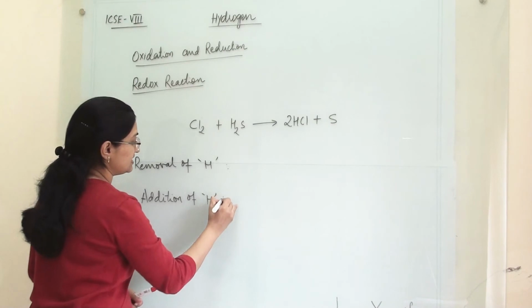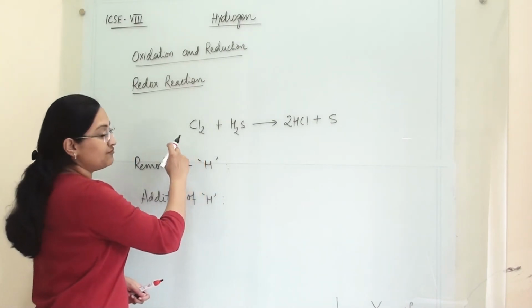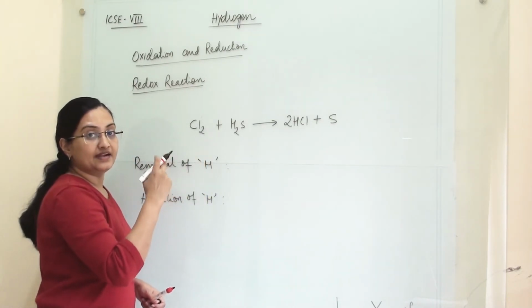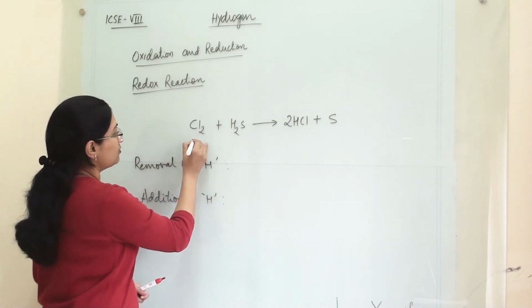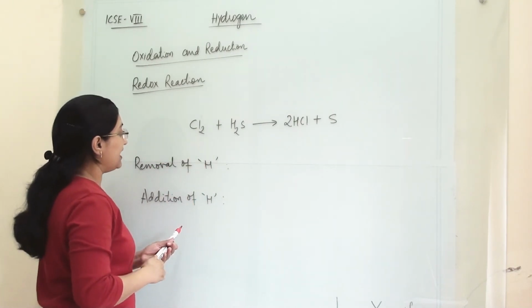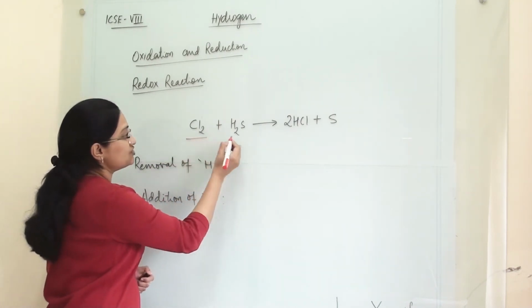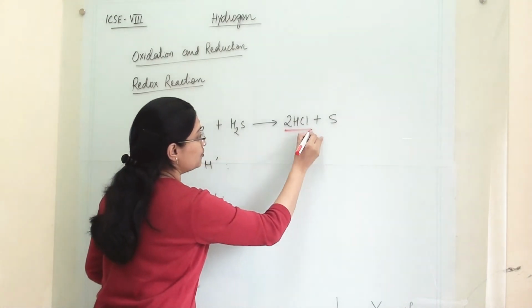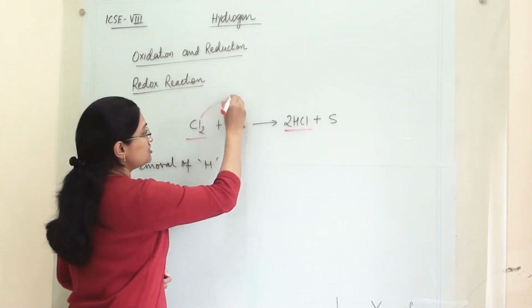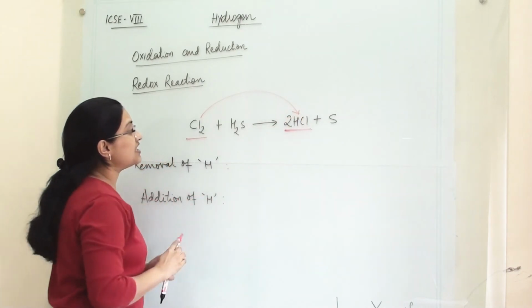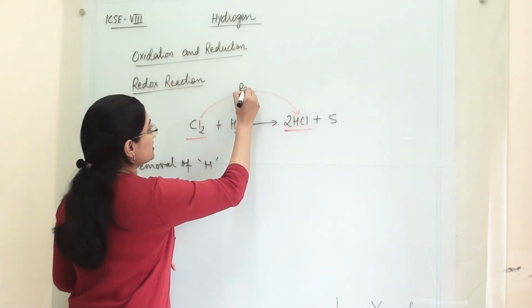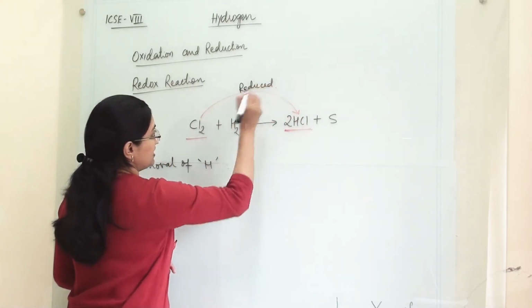So we will see from where hydrogen is being added to which atom. So here chlorine is alone and then hydrogen is being added with chlorine. So this chlorine is being reduced in this reaction.